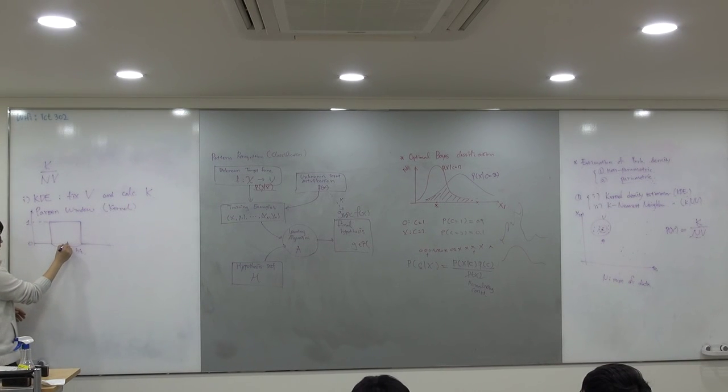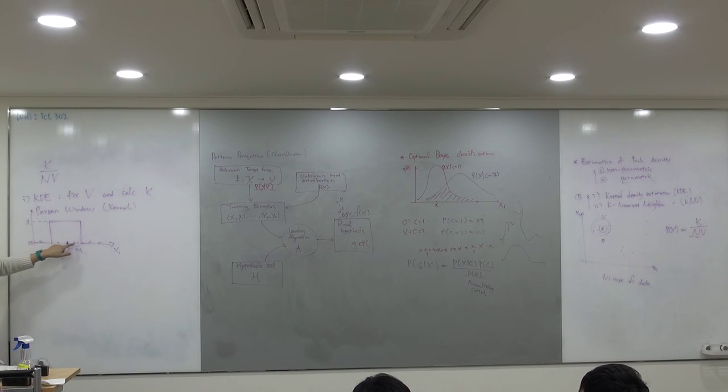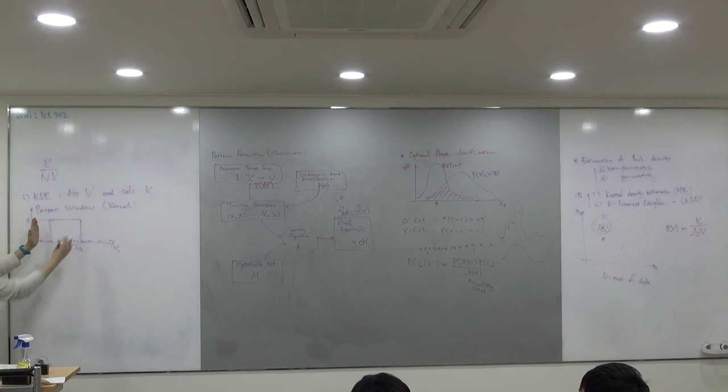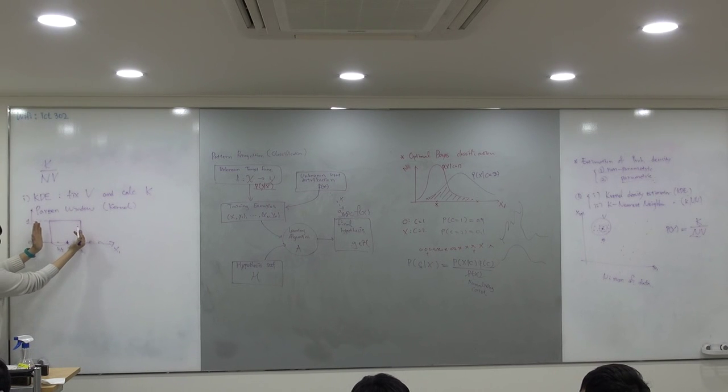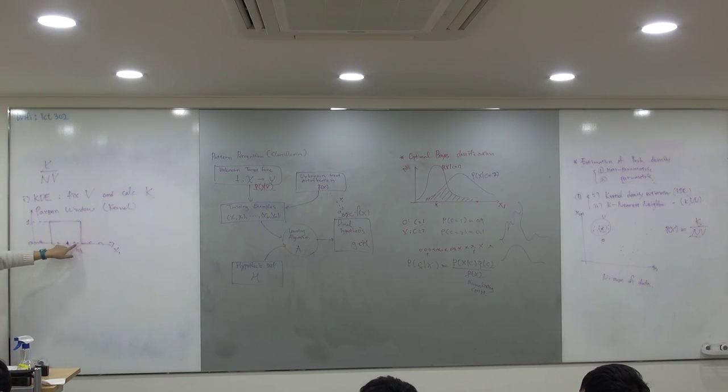For a single feature, if you want to inspect this point, and your data is like here, you can count the number of data points in your window, or in your volume V. And here it's 3, so you can calculate K as 3.